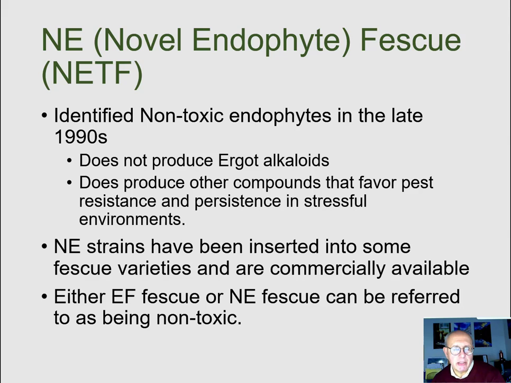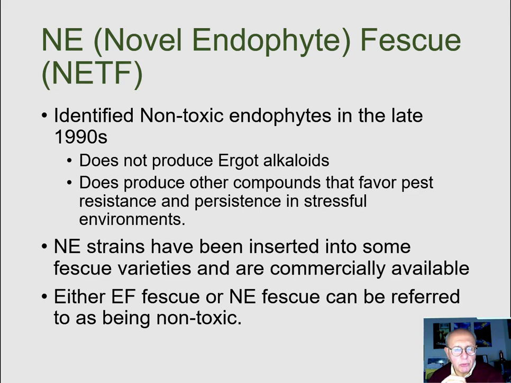Then NE, novel endophyte tall fescue, or NETF. We identified naturally occurring non-toxic endophytes in the late 1990s, and I say we, that was in New Zealand, that do not produce ergot alkaloids. Ergot alkaloids is a class of alkaloids, and the toxin of tall fescue is an ergot alkaloid.